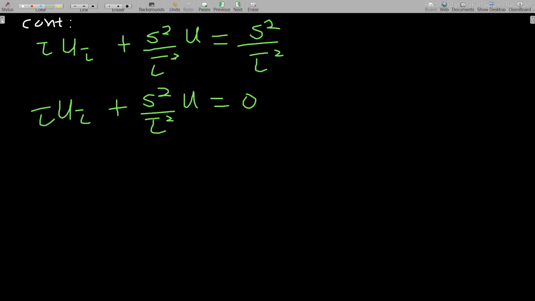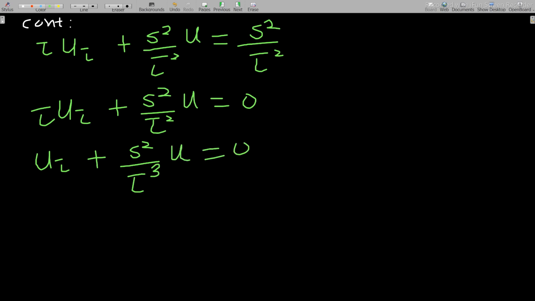So if I divide through by tau, I'll get u_tau plus s squared over tau cubed u equal to 0.